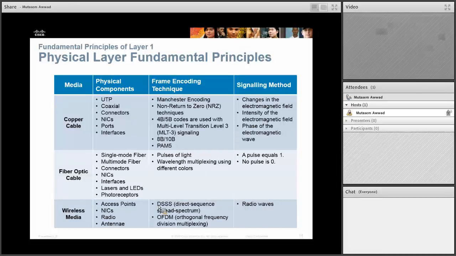OFDM is the best way to do it for wireless because it modulates and demodulates the signal very quickly. So you expect 802.11n, for example, to use OFDM to modulate and demodulate the signals going out. So this is a copper wire, the unshielded twisted pair cable. This is a fiber where the data could be transmitted in light waves. And this is wireless where the data is in electromagnetic waves.